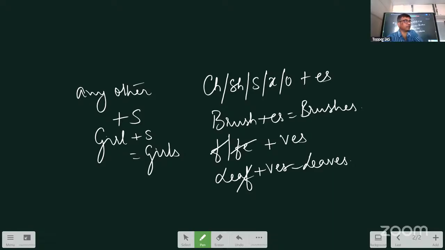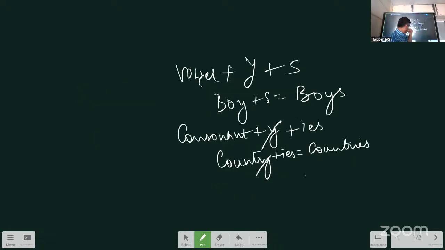If you know the spelling rule, you can easily convert singular to plural. All of you clear so far? Those of you who want to write it down can write it down. I suggest you write it down because otherwise you will forget. So these are the first two. If you have written this, we'll go to the next.